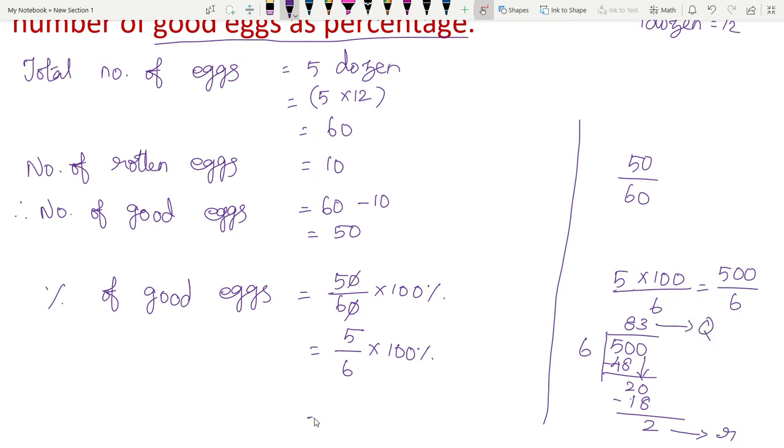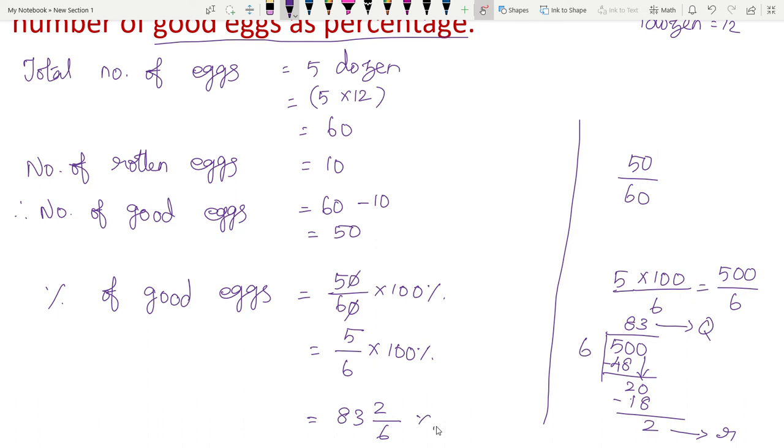We can write the answer here. What the quotient we got? 83 and 83. What's the remainder? 2 by what's the denominator? We have used as a divisor. 6 percentage, isn't it?